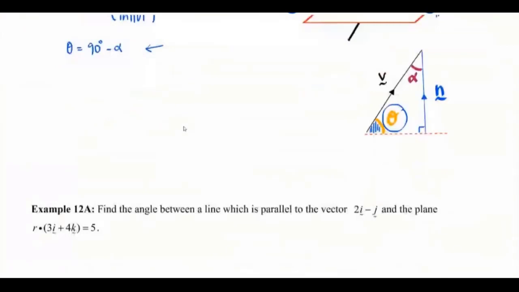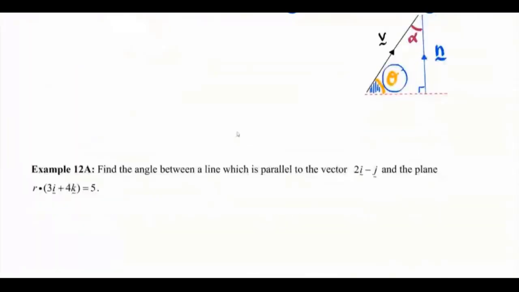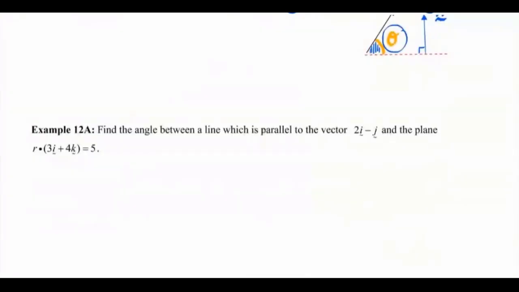So example 12A. Find the angle between a line which parallel to the vector 2i minus j and the plane here. Okay. So basically kita nak cari angle plane di mana kita ada line. Line ni adalah parallel dengan vektor satu lagi. So dekat sini dia dah cakap vektor dia adalah 2i minus j.